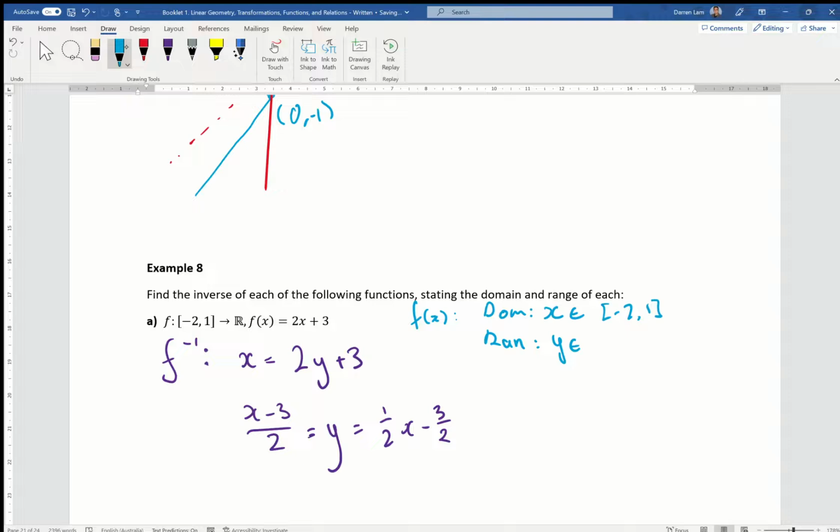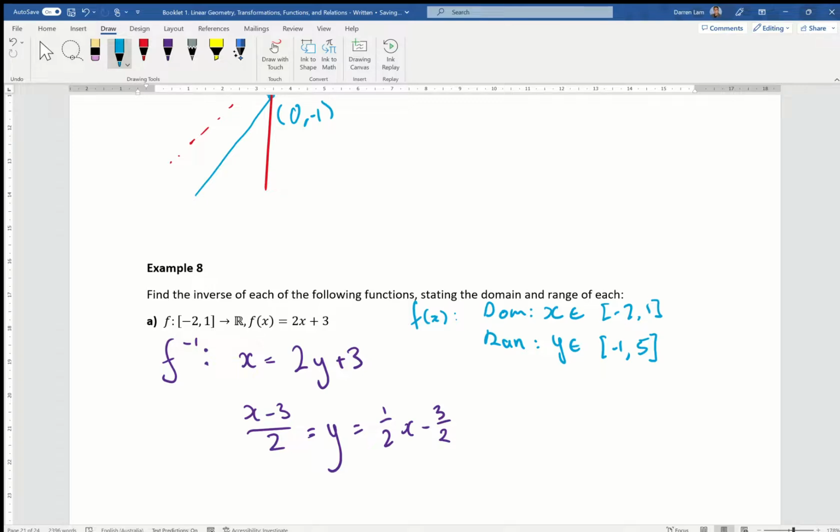If I look at this function, 2x plus 3, it's a straight line, a linear graph that goes upwards towards the right. If I substitute x equals -2, I'll get -1. If I substitute the other end of my domain, x equals 1, I would get 5. So the range of my original function should be from -1 to 5.